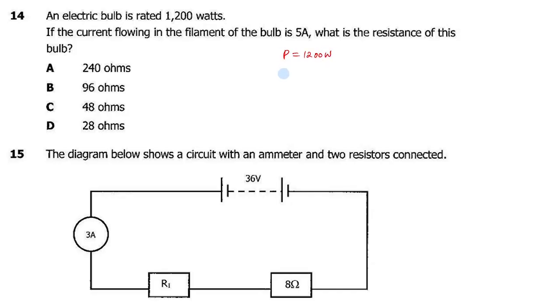Then current has been given as 5 amps. Then they're saying what is the resistance? Resistor is unknown. So we need to know the formula connecting these three. We know first that power is equal to voltage times current. We haven't been given voltage here.